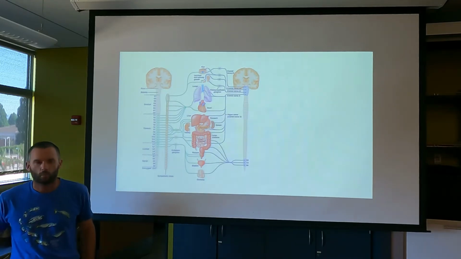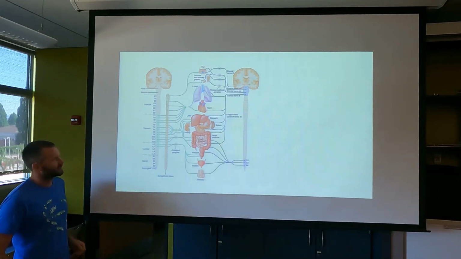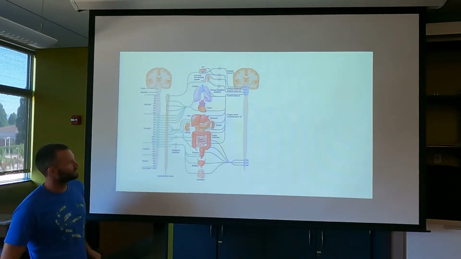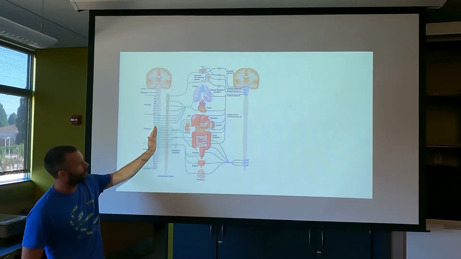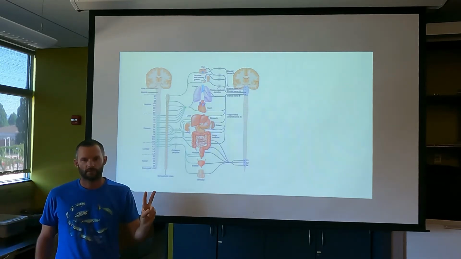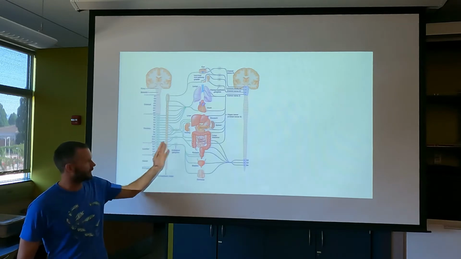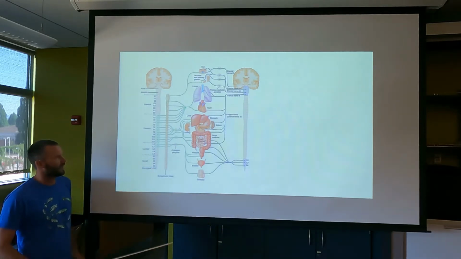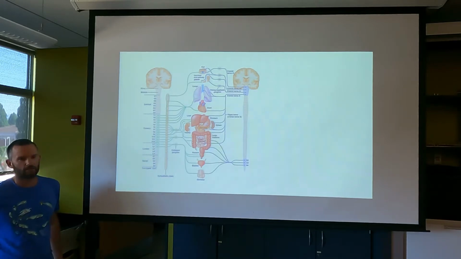And what happens in the sympathetic chain? Or maybe I should start with this. How many sympathetic neurons does it take to get from the spinal cord to the effector organ? It takes two. It takes two neurons to get from the spinal cord to the effector organ. That being said, what happens in the sympathetic chain?